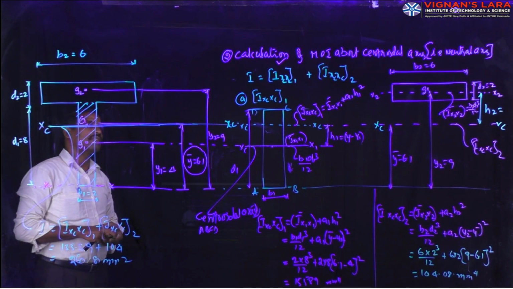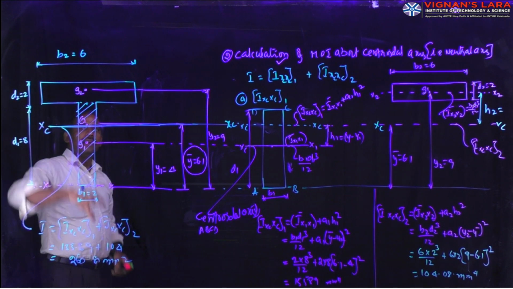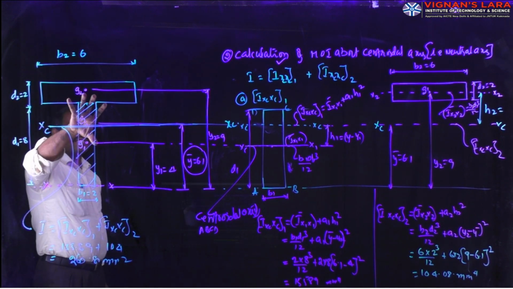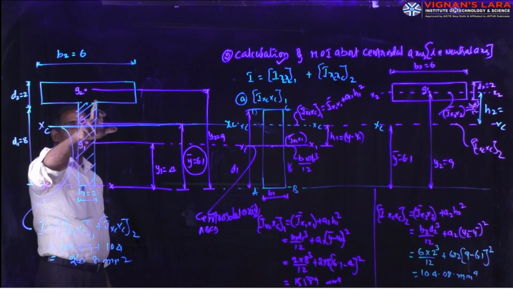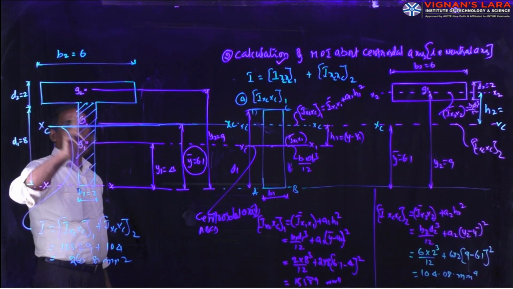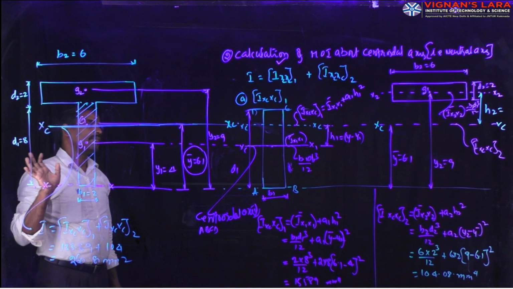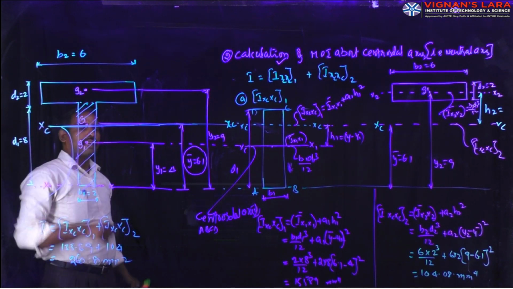Then the calculation of the moment of inertia about its central axis. Initially, this composite section is divided into two regular shapes. One is the hatched portion, the second one is the non-hatched portion. So both are rectangular shapes.